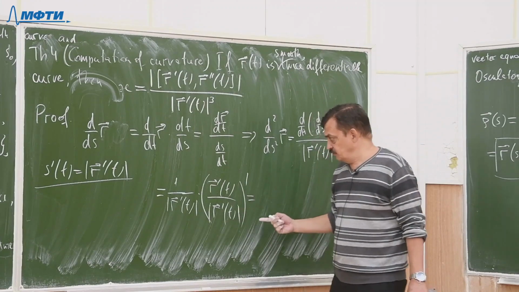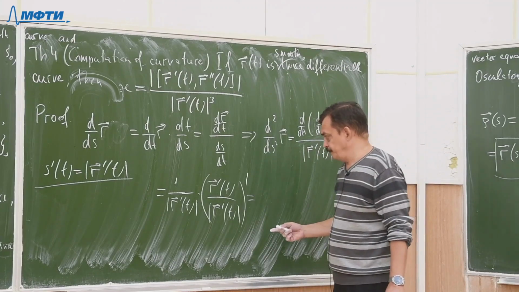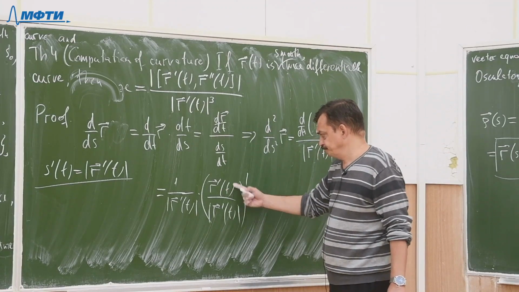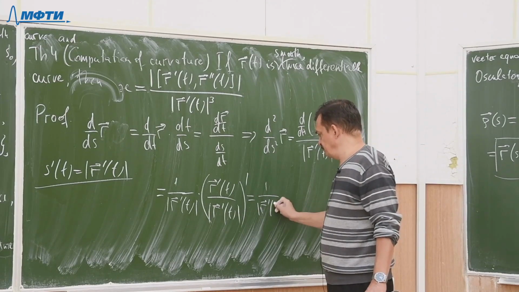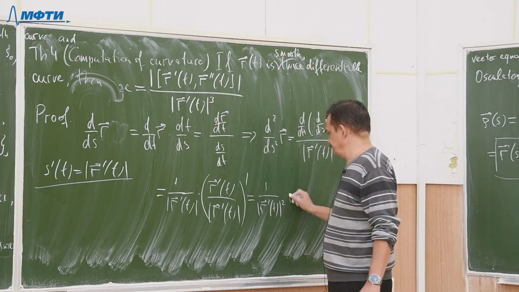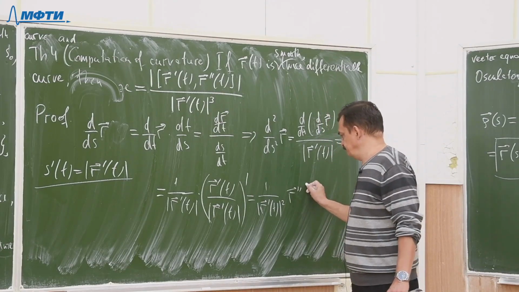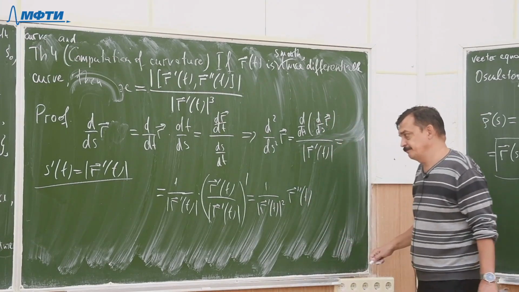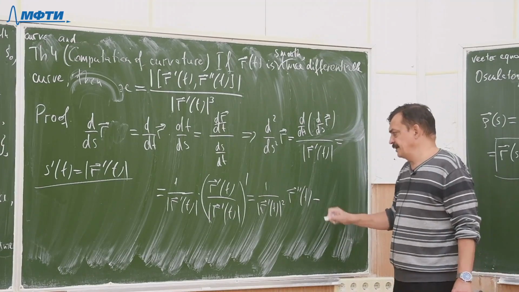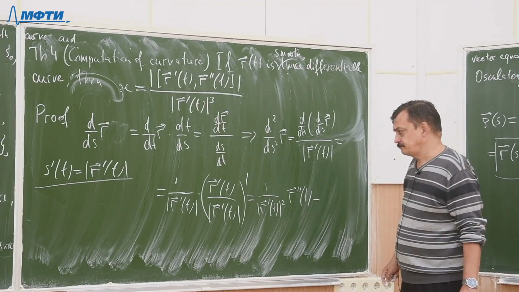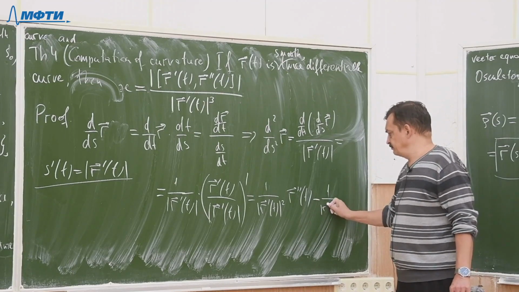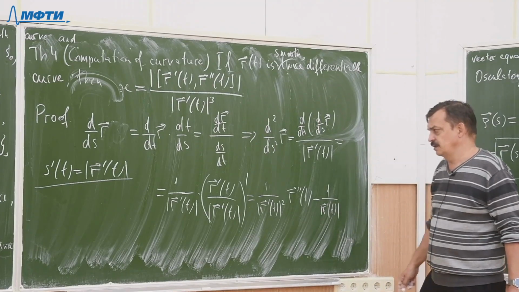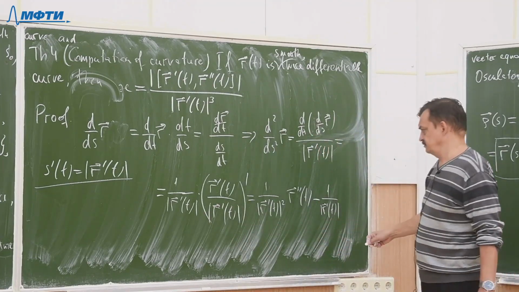We had a rule how to differentiate it, so it gives 1 over the length of r prime of t times r double prime of t, minus 1 over the length of r prime remains, then the derivative of this.